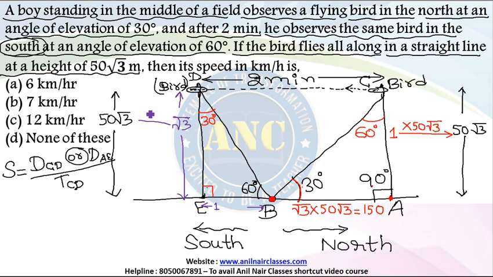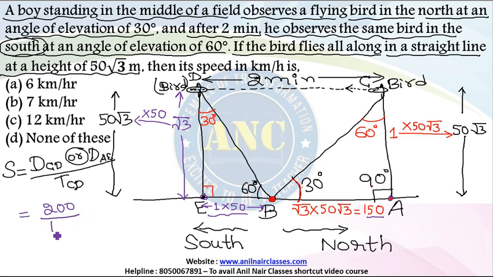It is 50 root 3. 50 root 3 means it should be multiplied by 50. 1 also multiplied by 50. That means the total distance traveled from A to E: from A to B it is 150, from B to E it is 50. Total is 150 plus 50. So the total distance traveled is 200 meters.